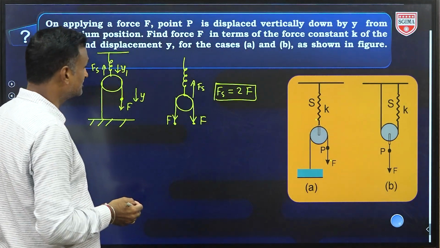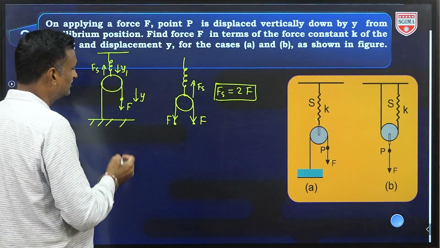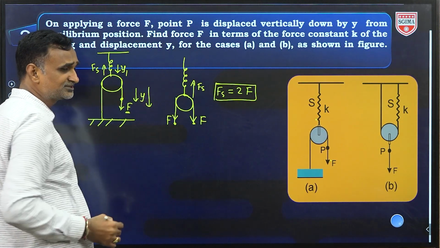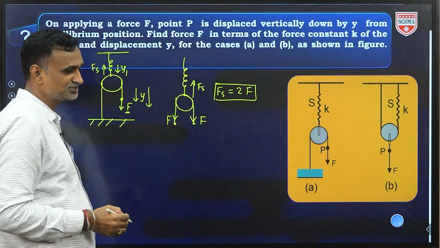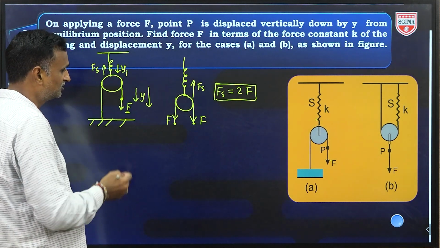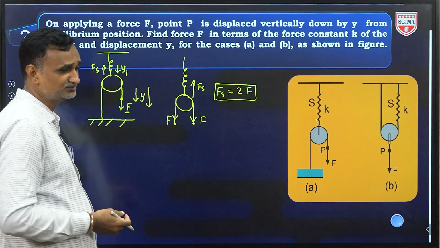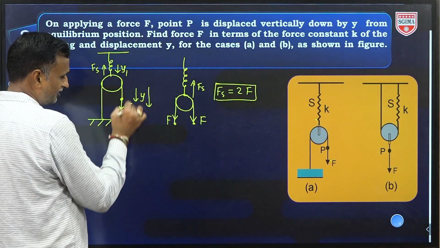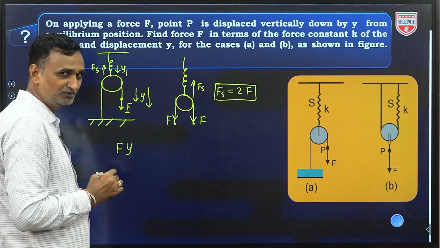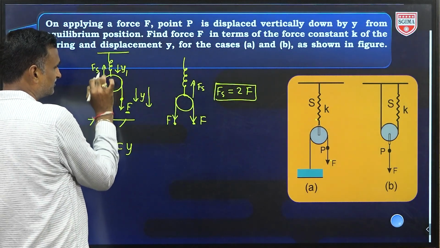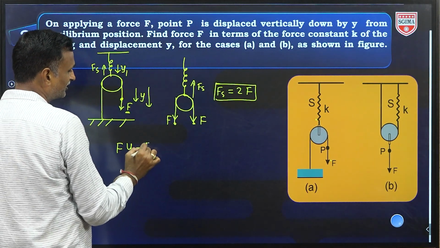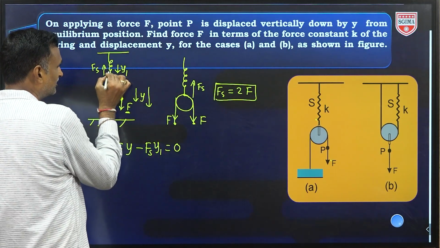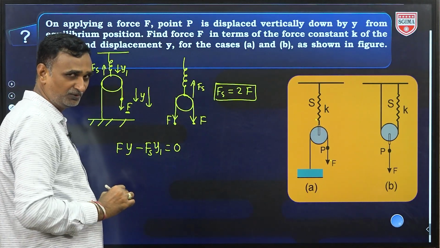And the second constraint relation we follow: by application of force F, it is moved through a distance y. We have discussed many questions using the work and tension method. The force applied at the point is F and it moves downward, so F into y is positive work, and the spring force is upward while the displacement is downward y1, so the work is Fs y1, and the net work equals 0.